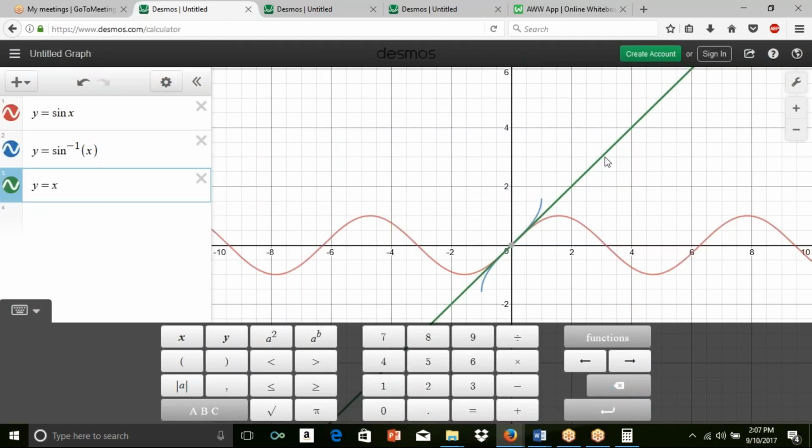So, what I want to do is, when we look at this, remember I told you this Desmos calculator, we can only have in the inverse function between negative pi over 2 and pi over 2, because it's just between this value and this value right there that we can use this sine wave, and it would pass the vertical line test and the horizontal line test.